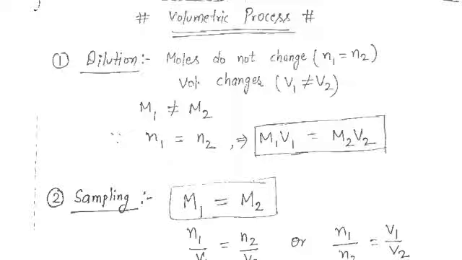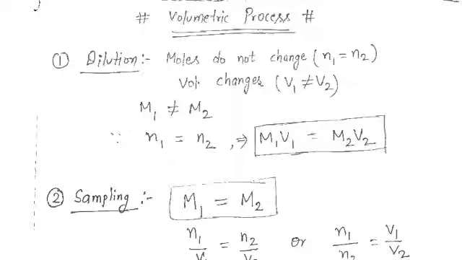So volume changes, but moles don't change. So how will you use the formula? The formula is M1 V1 equals M2 V2. That is nothing but equalizing the number of moles: the number of moles before dilution equals the number of moles after dilution. So everywhere you have to use this.